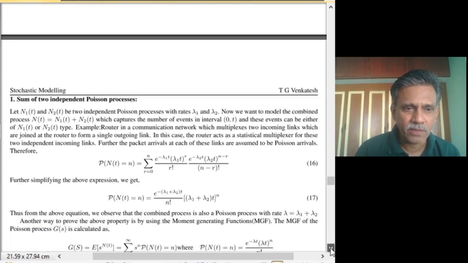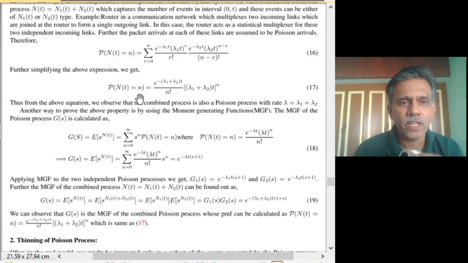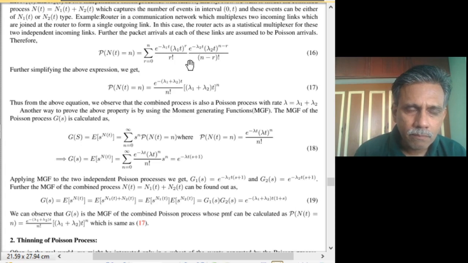Then we can simplify this as follows. Probability that N of t equal to n is equal to, we will take out the factors which are independent of this summation, namely e power of minus lambda 1 t and e power of minus lambda 2 t. Also, we can include an n factorial here, divide and multiply, and take 1 in the denominator.